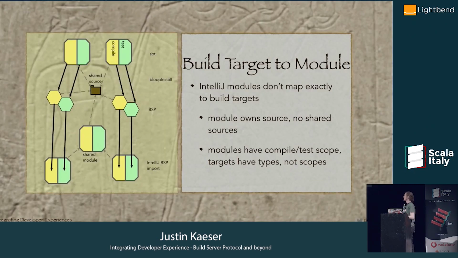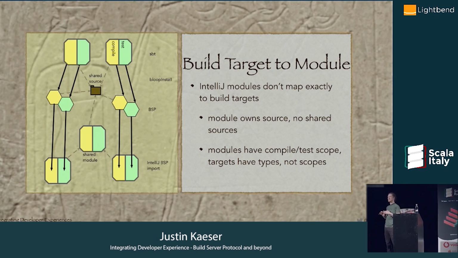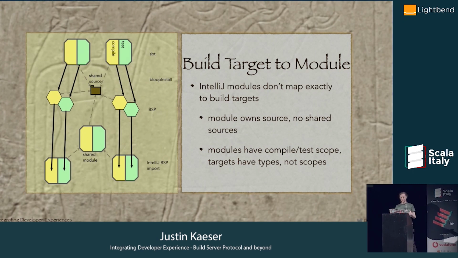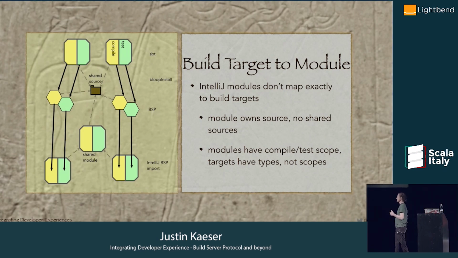Now, a bit of specifics on the challenges in integrating this into IntelliJ. Build tools often have a fairly flexible model that is reflected in BSP, so you can have shared sources between various targets.